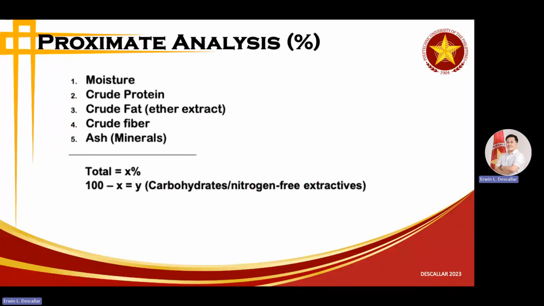So one of the determining factors would be the proximate analysis. So these are the factors that we check when we conduct proximate analysis. This will be the core of the discussion of food analysis because you should know and understand how to at least perform these methods. You have the moisture, the crude protein, the crude fat, crude fiber, and the ash, which represents the mineral.